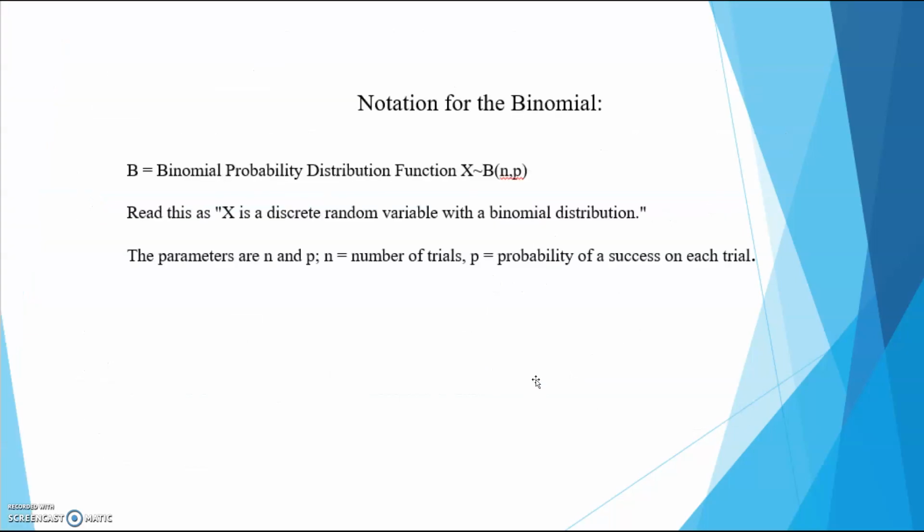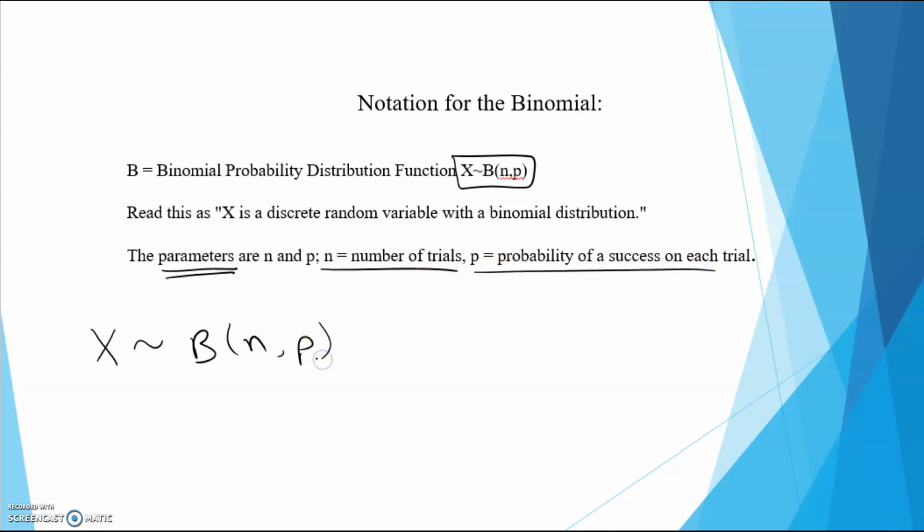Okay. Now the shorthand way to write that this is a binomial distribution is this right here. The little x with the squiggly line really just means the distribution is. Okay, B represents binomial, and we have two parameters that are used to describe a binomial distribution: n, which is your number of trials, and p, which is your probability of success.